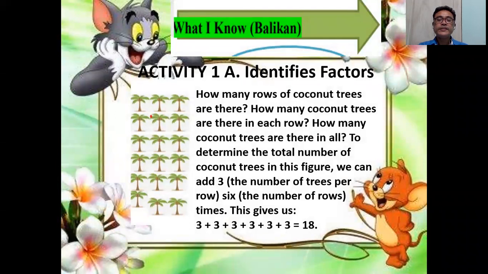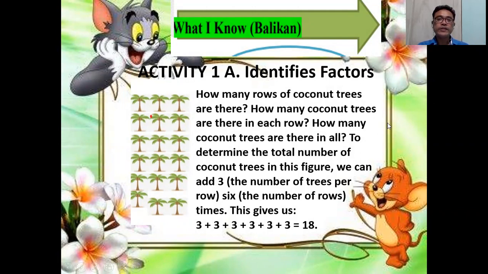Children, please get your module. Let's proceed. Activity 1A, identifies factors. Look at this illustration. How many rows of coconut trees are there? If your answer is 3, you are correct.